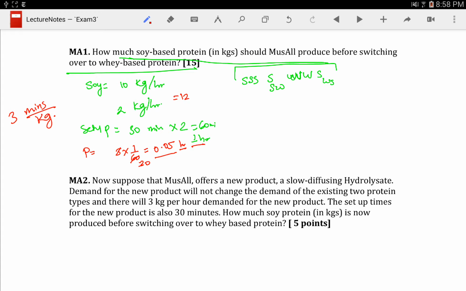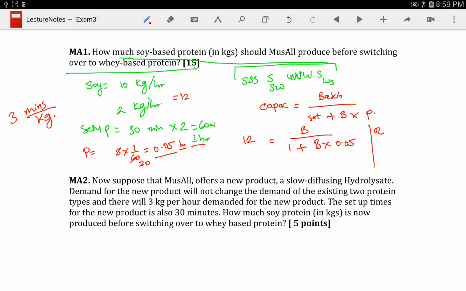Now we're ready to solve this. The formula is again the same: capacity equals batch size divided by the setup plus batch size times the processing time. We want the capacity to be the same as demand, that is 12, and we want to find the batch size. The setup is 1 hour plus the batch size times the processing time of 0.05.